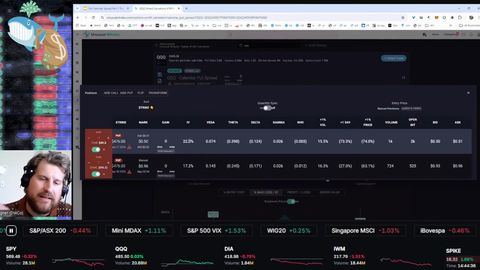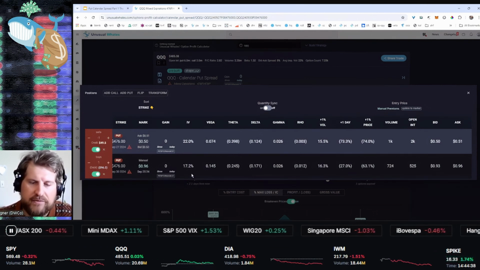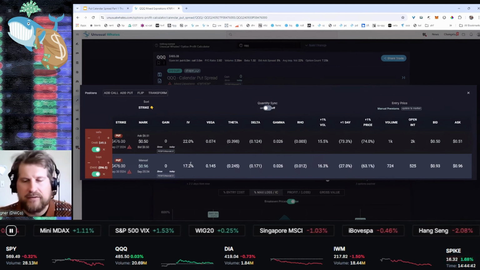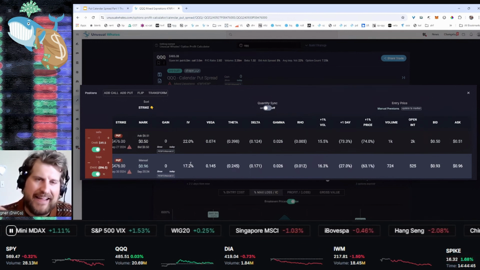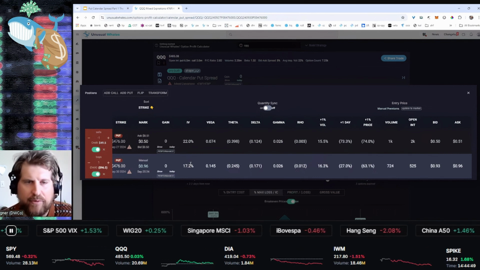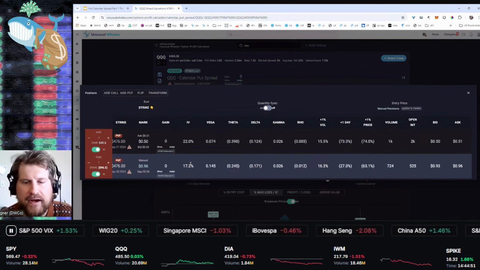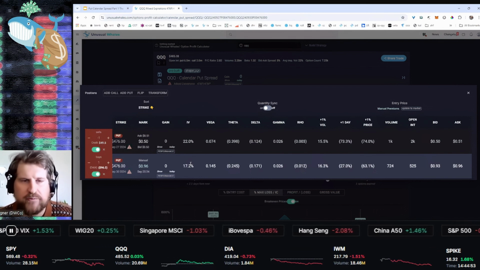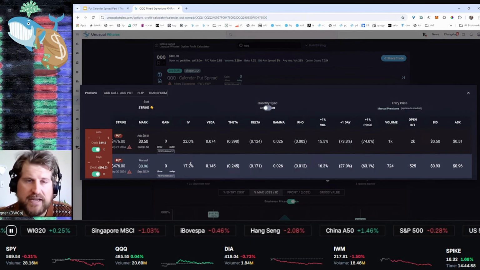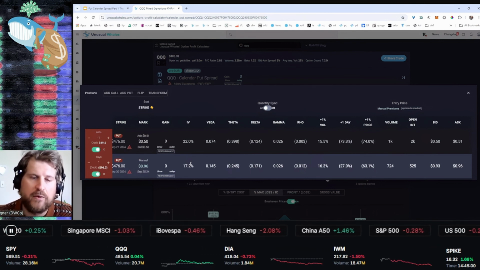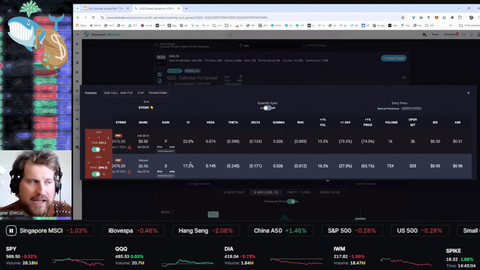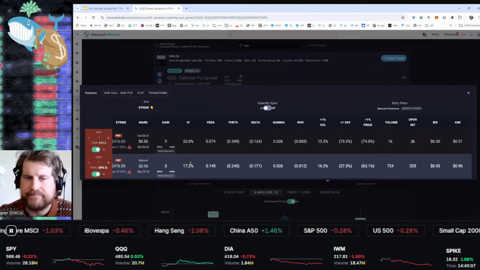So we're selling that high, the 22, and buying the 17.2. We're locking in that differential, that 4.8 vol point difference between the two, and that's one of the reasons these trades can be so interesting and so lucrative, because we're selling high implied volatility and buying low implied volatility right out of the gate.